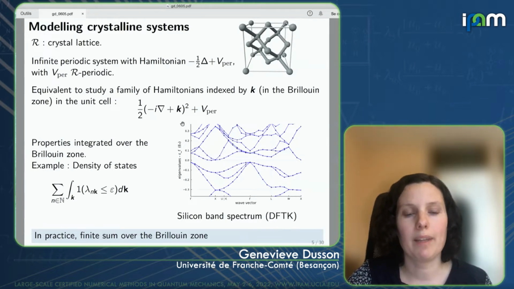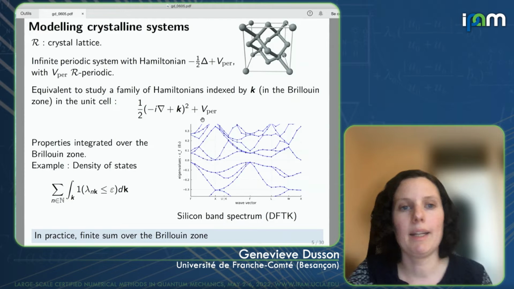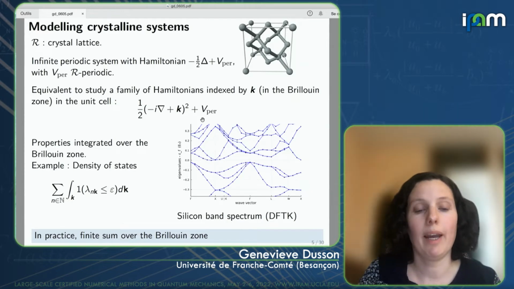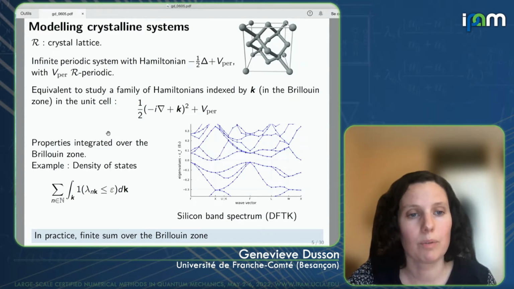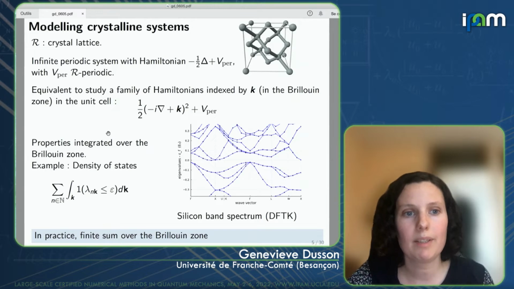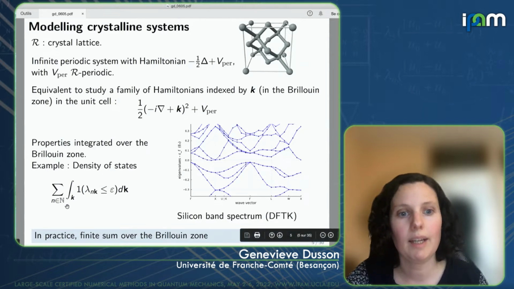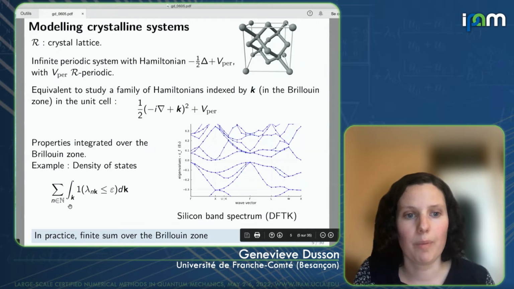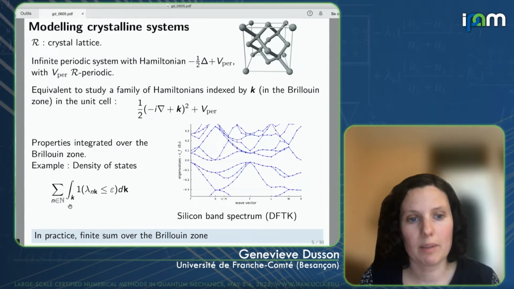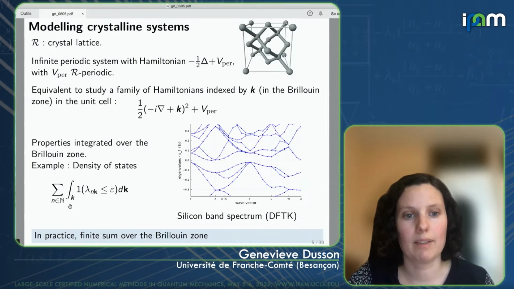So at the end, we are looking at several problems of this type. When we compute properties, we usually integrate over the Brillouin zone. For example, the density of states is defined with this integral here. In practice, this integral is approximated with a finite sum over the Brillouin zone.